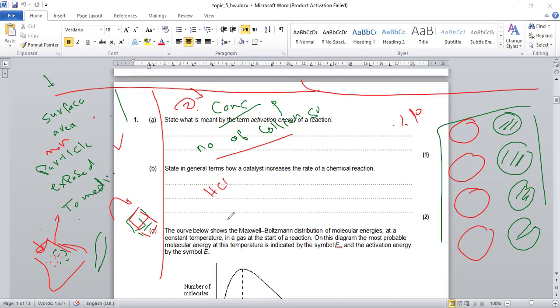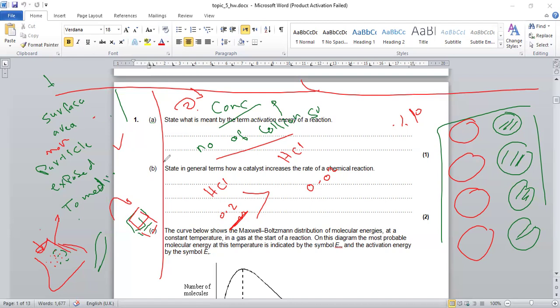Hydrochloric acid 0.2 molar versus hydrochloric acid 0.02 molar: the 0.2 molar has the higher concentration, so it has a higher probability of collision between the reactants, so it will increase the rate of reaction. Always, when the probability of collision increases, the rate of chemical reaction increases. When the probability of collision between reactants decreases, it leads to a lower rate of reaction.